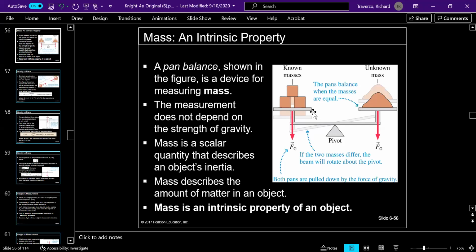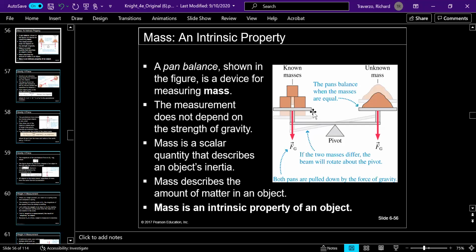So let me remind you just really quickly of section 6.3 before I jump into more problems. In section 6.3, they distinguish between mass, weight, and gravity.